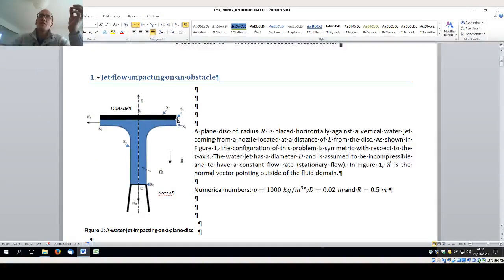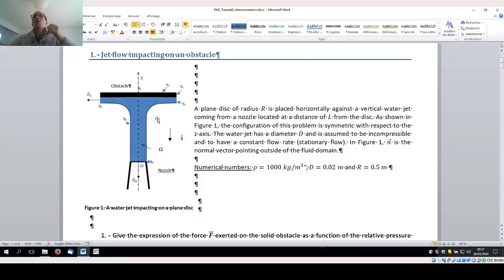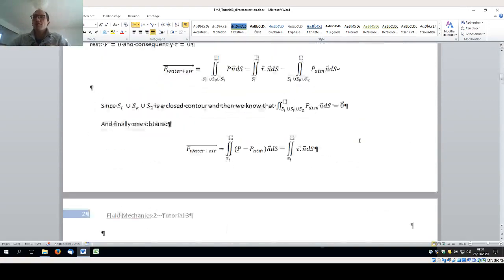But we'll assume that this is a thin jet in the outward surface, so that the variation of pressure will be very small compared to the other variation of quantities we'll have everywhere in the fluid, especially to what's happening on the obstacle. So this is one approximation.